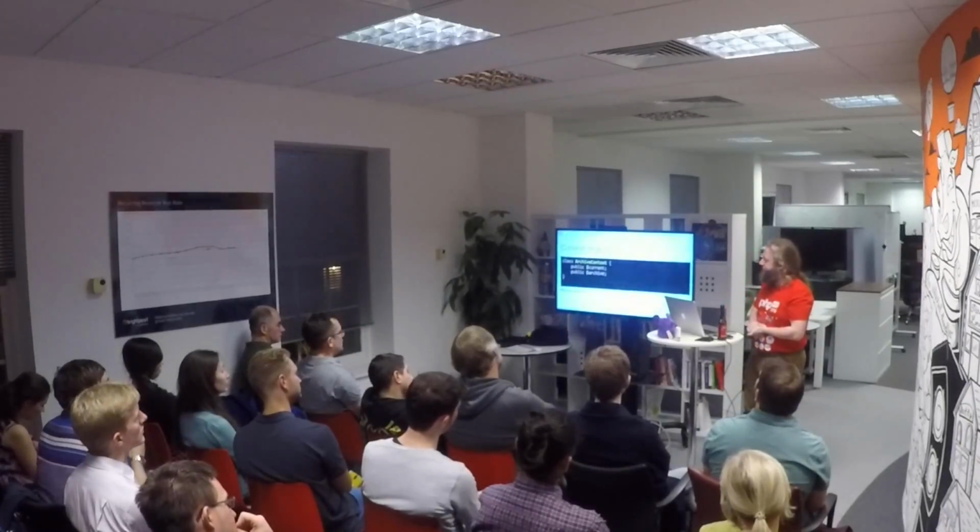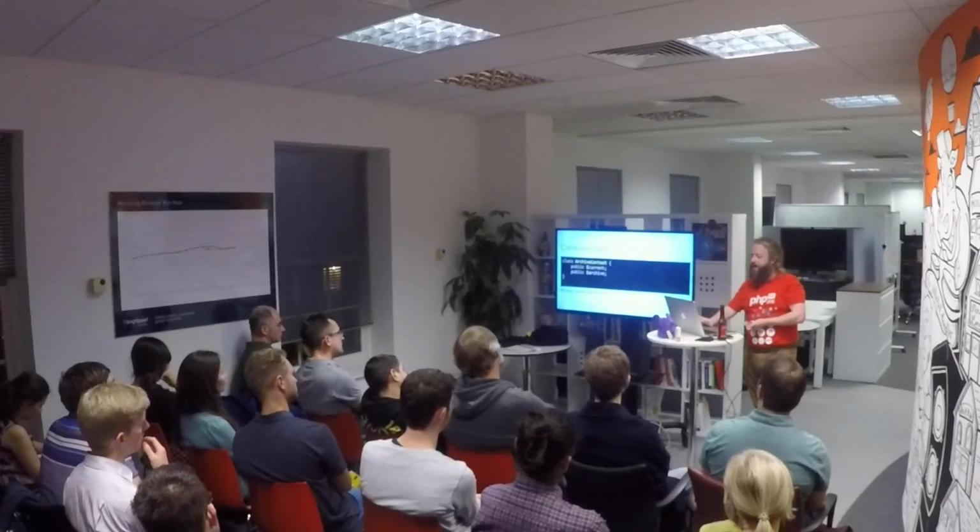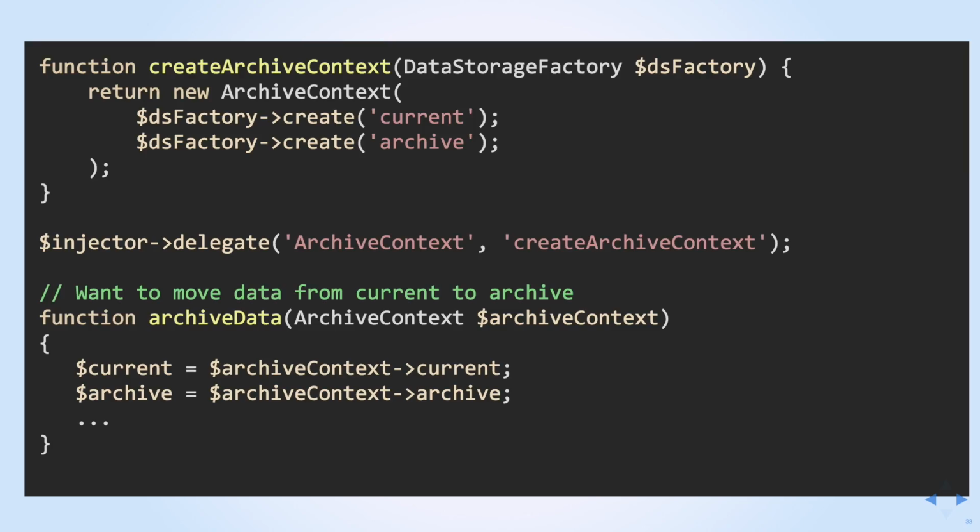So for this simple example, we've created an archive context which contains a reference to the current database and the archive database, and then we can refactor the code. Before, the function was dependent on the live and archive, so the current and the archive connections.